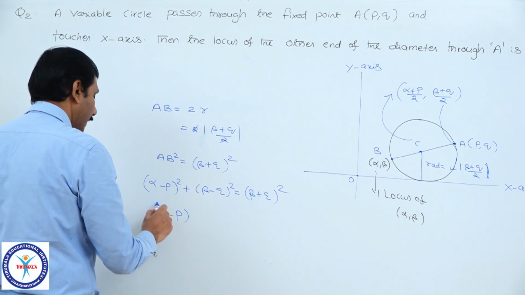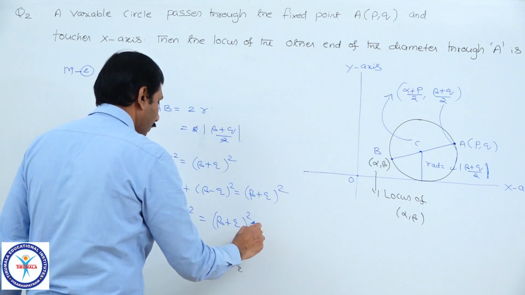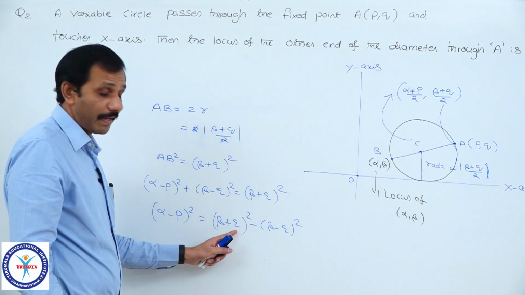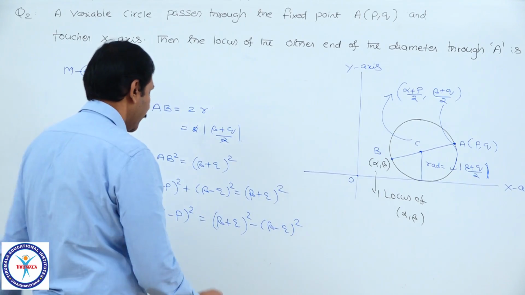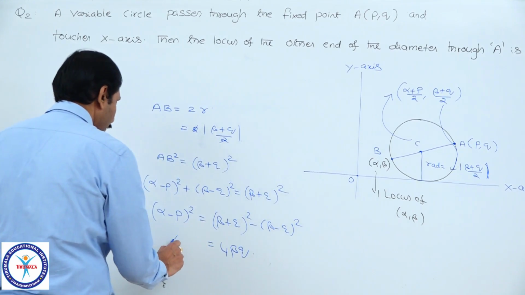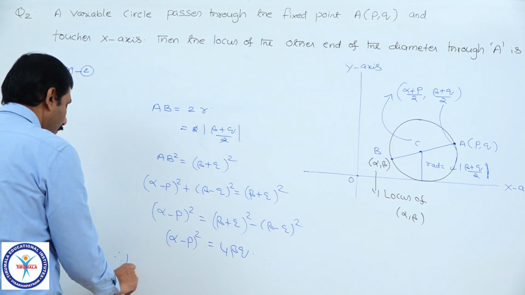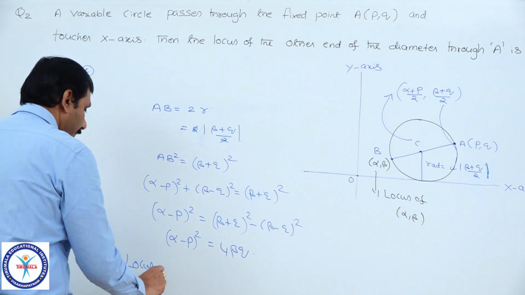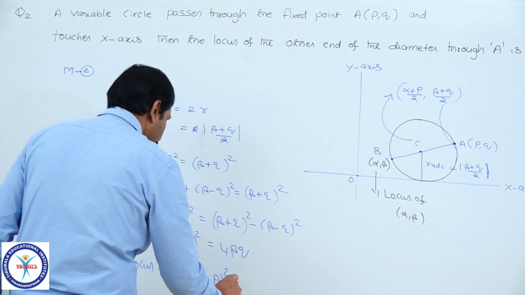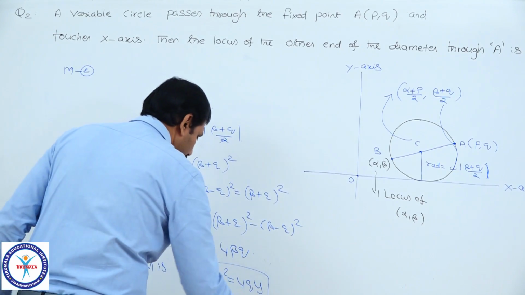Hence, (alpha minus p) whole square is equal to (beta plus q) whole square minus (beta minus q) whole square. (a plus b) whole square minus (a minus b) whole square is 4ab, so 4 beta q. Therefore, the locus of that point is (x minus p) whole square equal to 4qy, will be the equation.